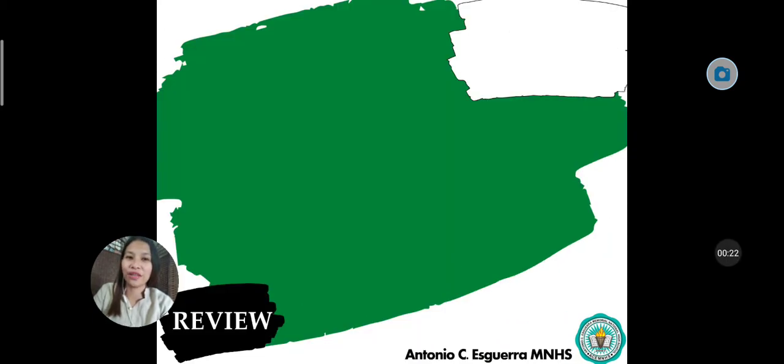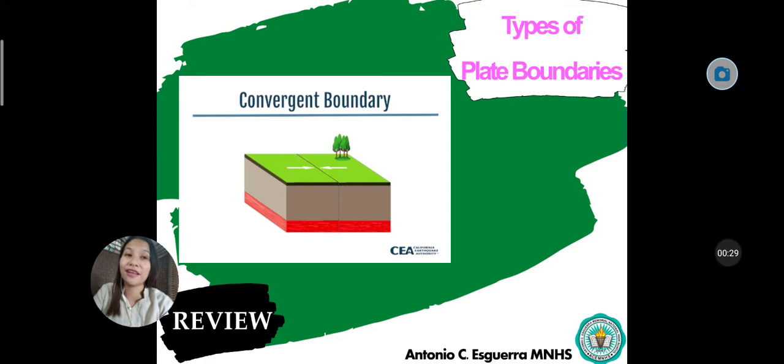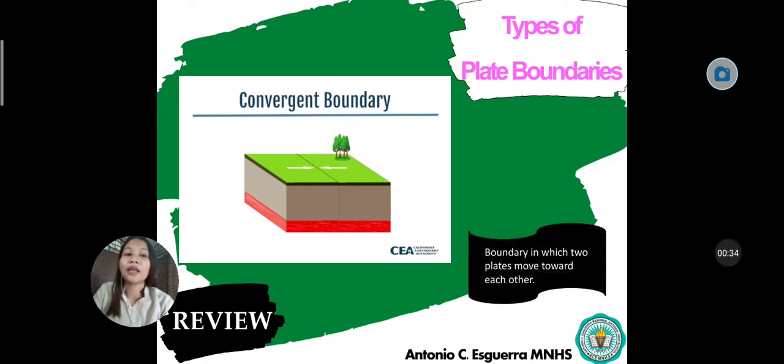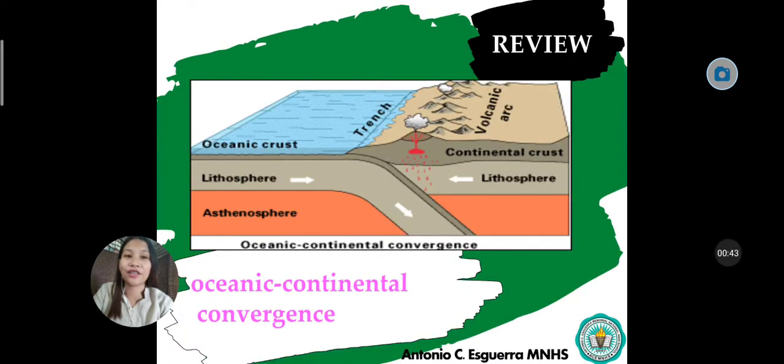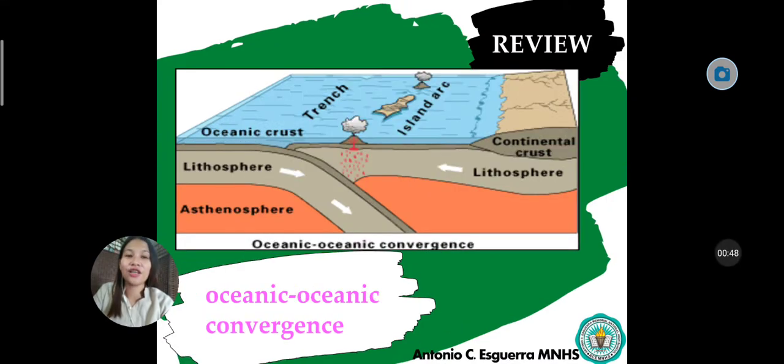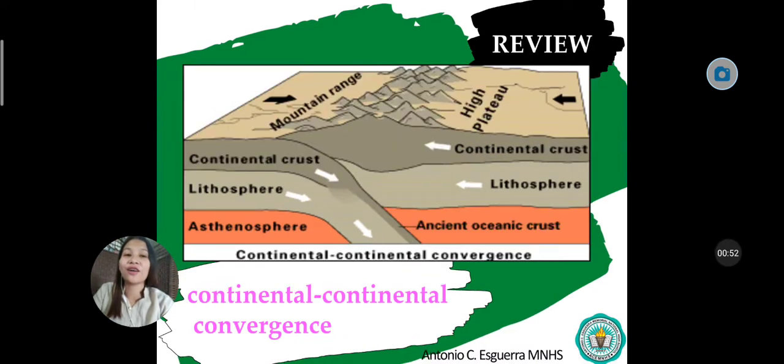Let's have a review of our previous discussion regarding the different types of plate boundaries. The first type is the convergent boundary, a boundary in which two plates move towards each other. We also discussed that convergent boundary happens in three scenarios: the oceanic to continental convergence, oceanic to oceanic convergence, and the continental to continental convergence.